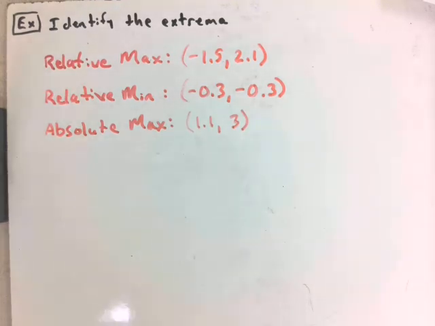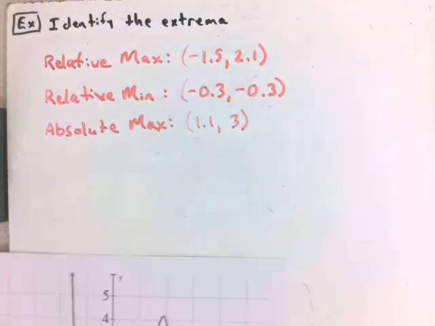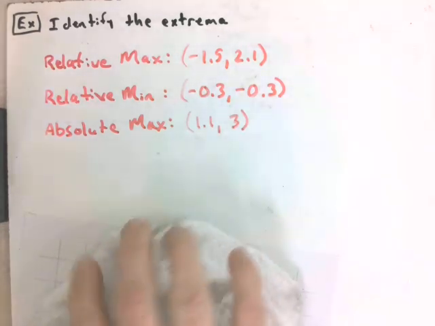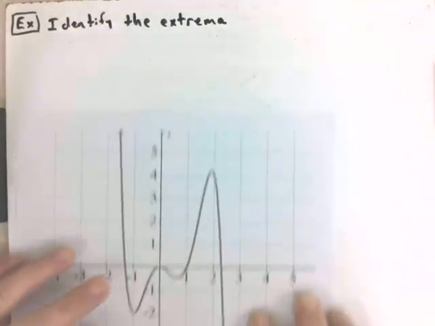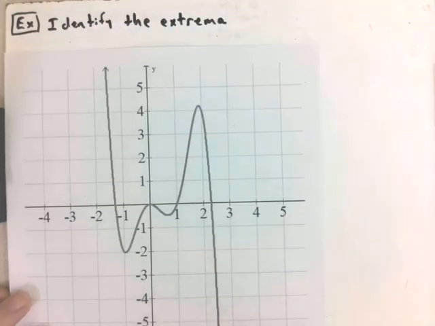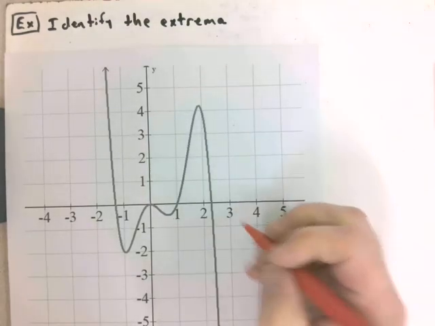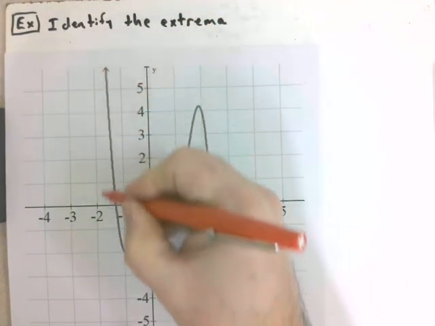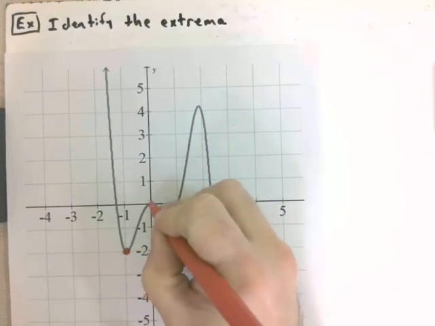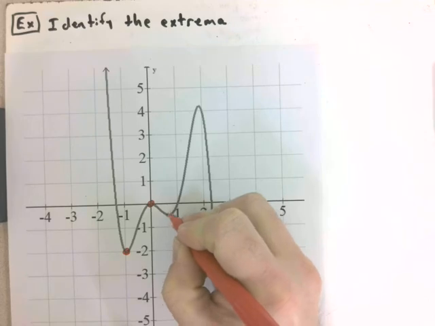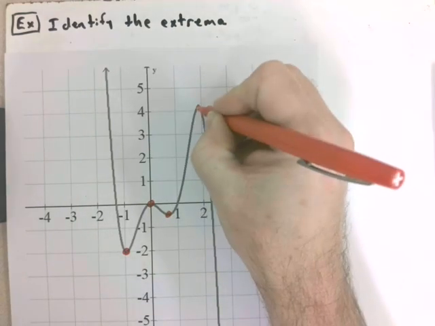Let's take a quick look at another graph. So again, as I take a quick look at this graph, I see that we have some peaks and valleys. As I travel along the graph from left to right, we get to a valley here and a peak here, another valley here, and a peak here.